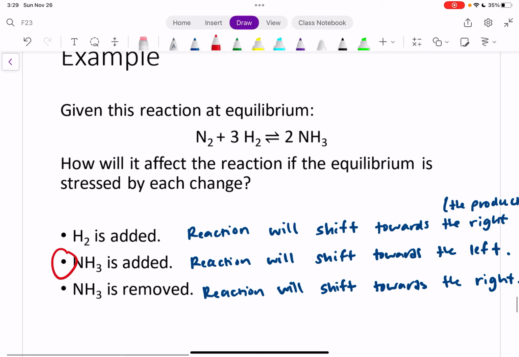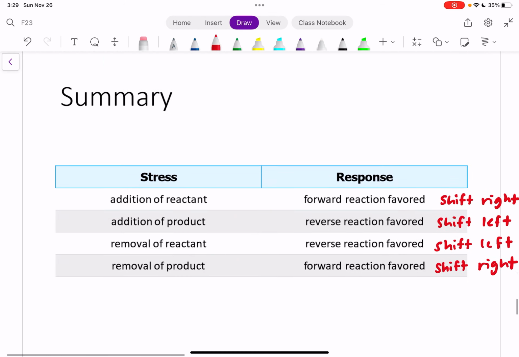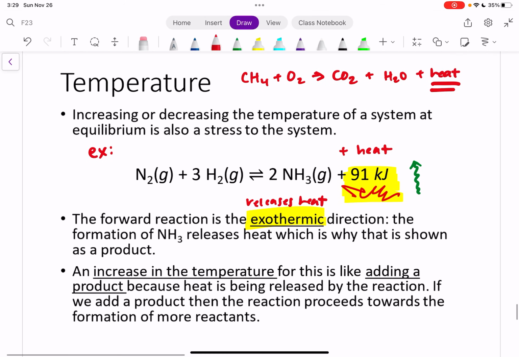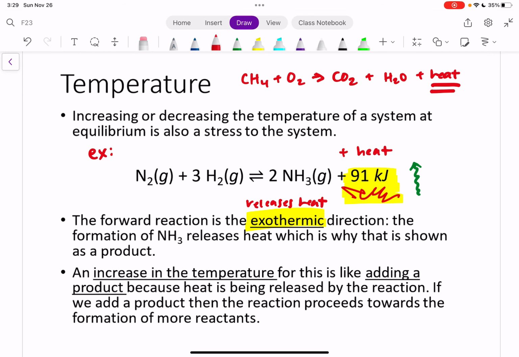If we added some of our product, what happened to the equilibrium? It doesn't like that we now have more stuff on this side, so it's going to shift to the left to counteract that change. It's the same idea with temperature. If you think of heat as a product, adding more heat is going to make our equilibrium want to shift in the opposite direction because we've now added a product.